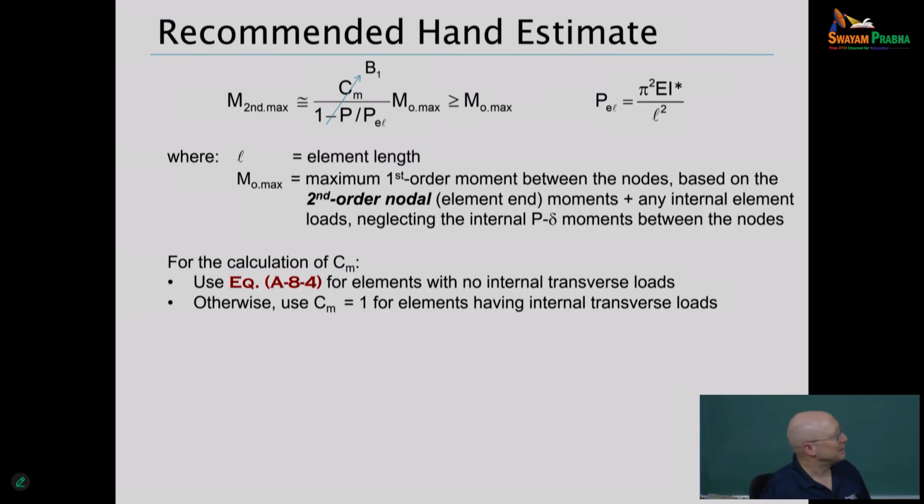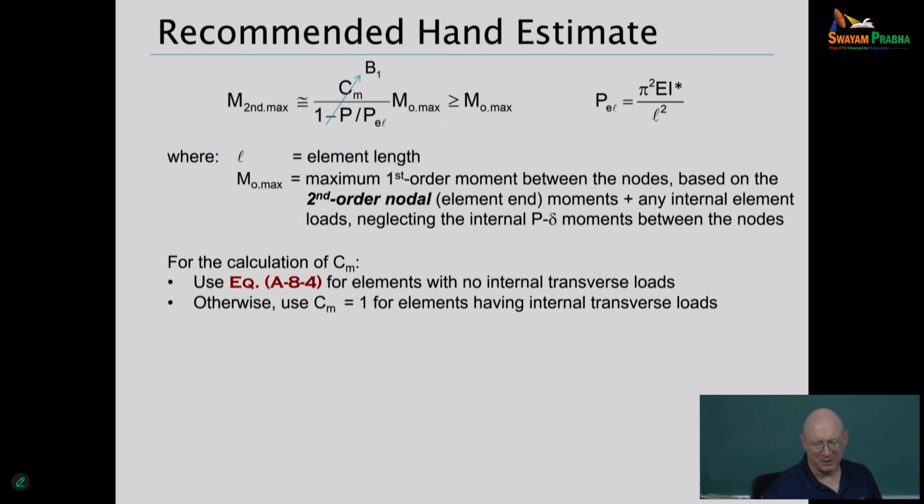That gives you an estimate: if you're getting a number larger than 1 there, okay, I'm going to bump up my moments from what I've got from my second order analysis solution to cover what's going on in between the nodes of the element.